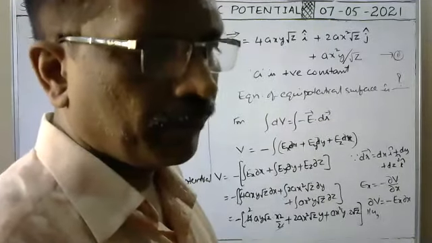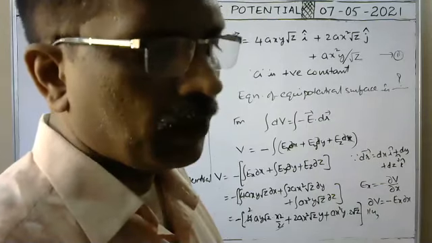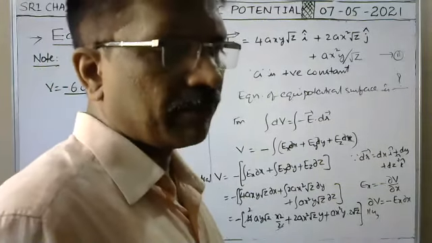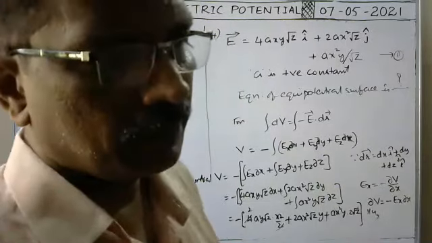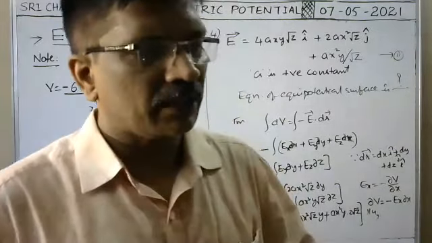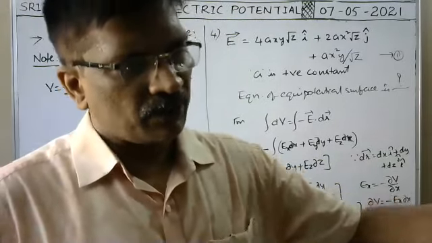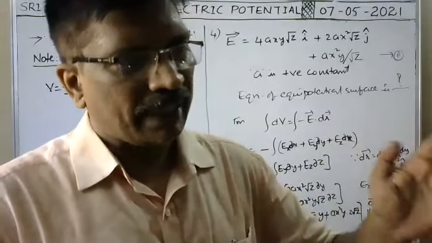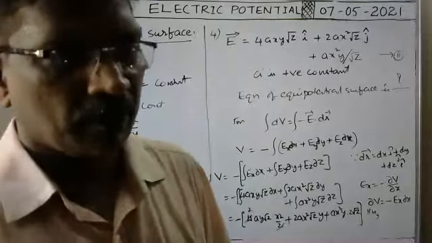Sir, if there is a 10 volts in the middle, 30 volts in the last, 20 volts in the first, there is two cases to fill it. No. Definitely, they will be either in ascending order or descending order. Because along the direction of the electric field, when you move, the potential decreases gradually. That's why definitely the diagram must be with electric potentials either in descending order or ascending order. Okay, sir. Thank you, sir. Okay.